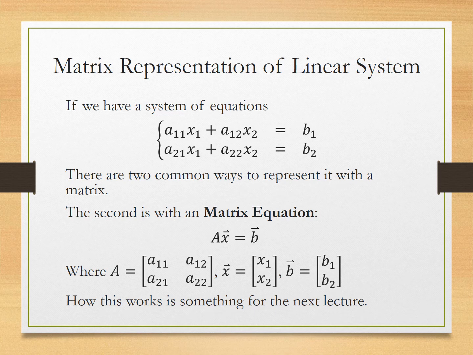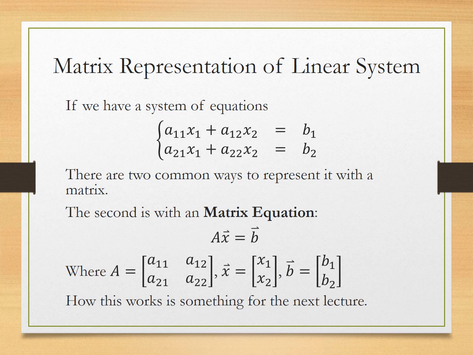So if you ignore for a moment that A is a matrix and X and B are vectors, if you pretend A, X, and B are numbers, what would you do if I asked you to find X?